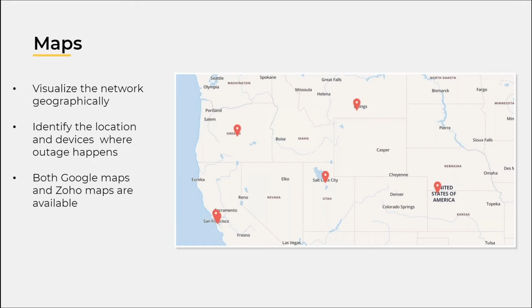Now that Google has started to charge for the API calls for Google Maps, we have brought in Zoho Maps, which is available completely free. But in case you have the API for Google Maps, then yes, you can very well go ahead and use Google Maps as well. Again, it depends upon your requirement. Let me show you on the UI how to create a map.